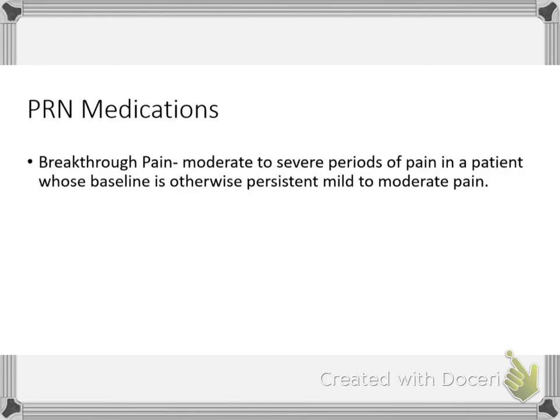But after about 4 hours, they start getting a little uncomfortable, and they're not due yet. But it's not that same acute pain that they would have if they stopped their medications completely. Or it can be super acute pain that's just sudden. That's your breakthrough pain. So usually we have something else that we can give between the around-the-clock doses. Those are your PRN doses, right? As needed.